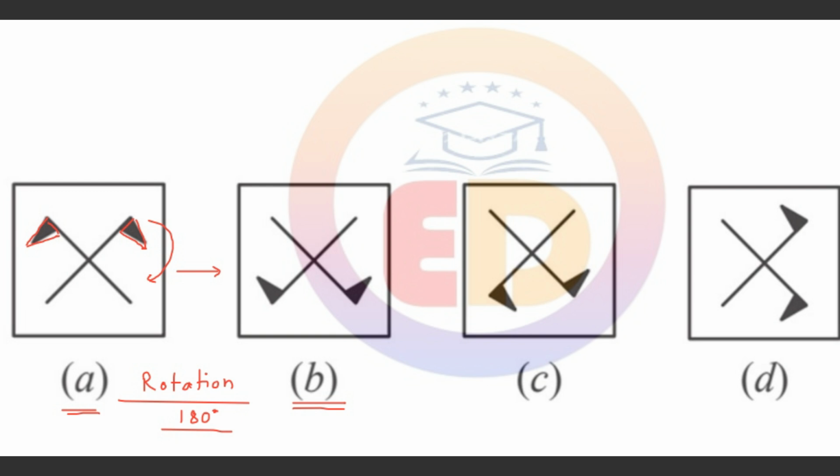And if you look at the figure D, if you rotate figure A by 90 degrees in a clockwise direction, we will get the figure D.